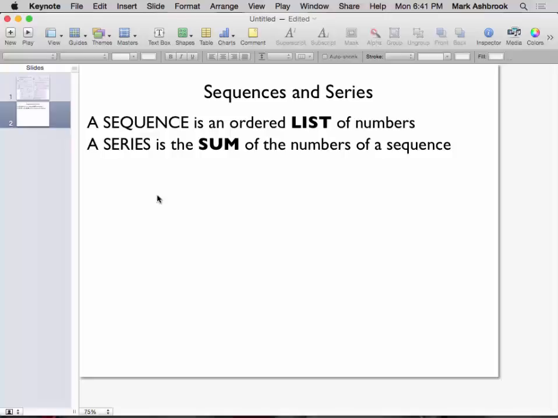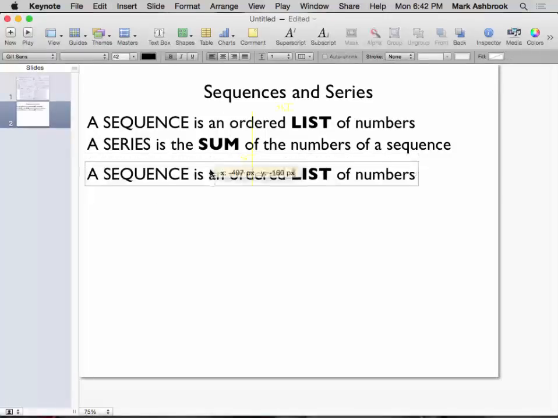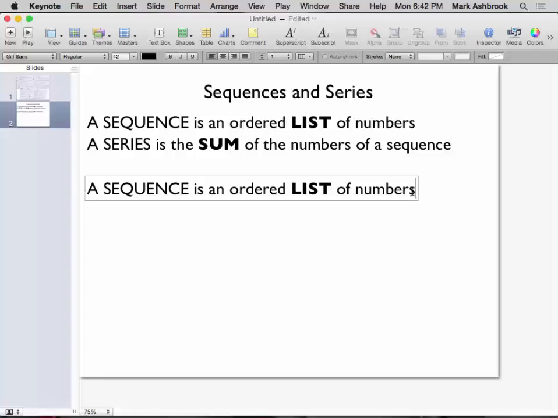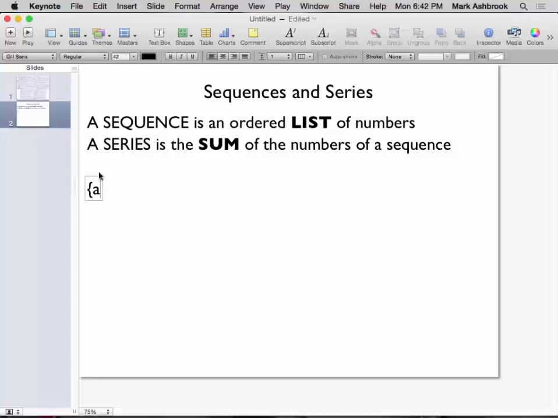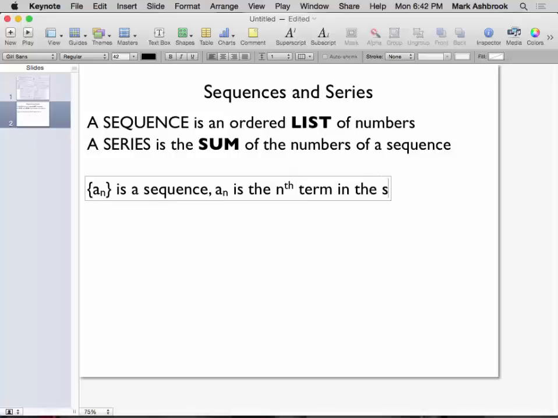Okay, so a sub n. So often sequences look like this. So a sub n is the nth term in the sequence.